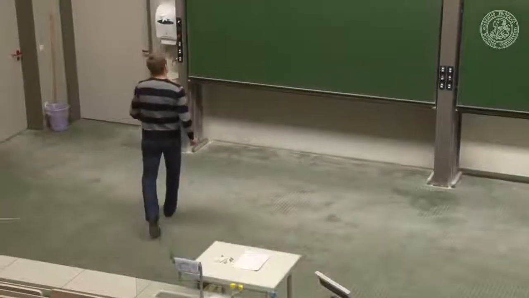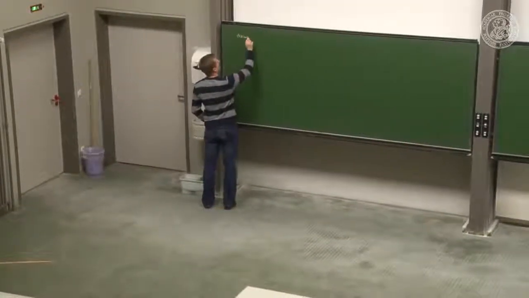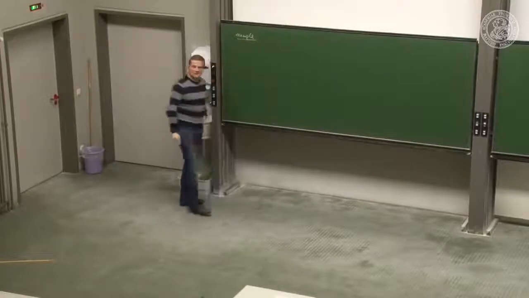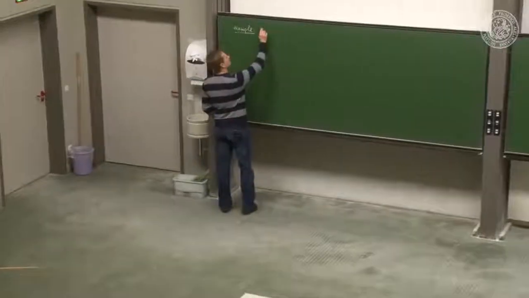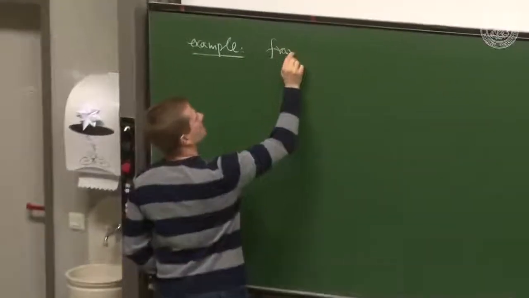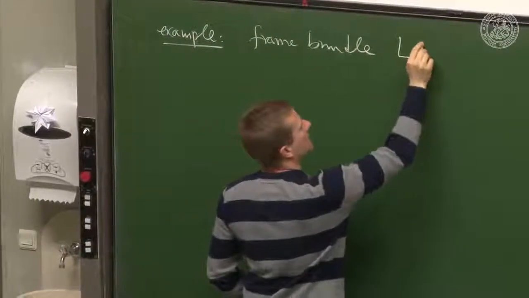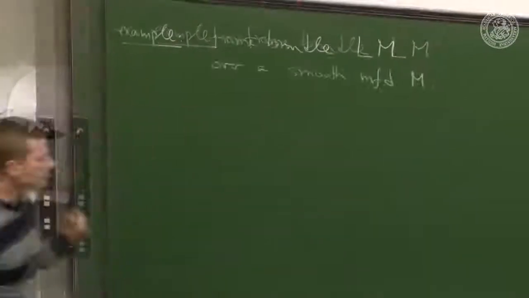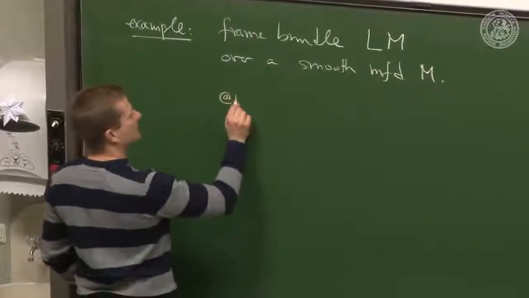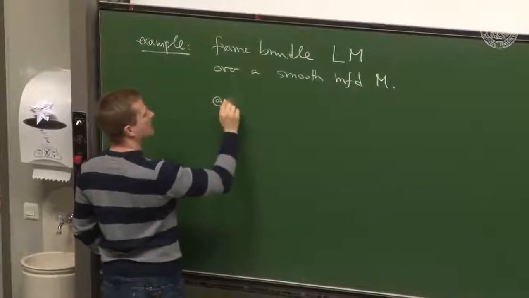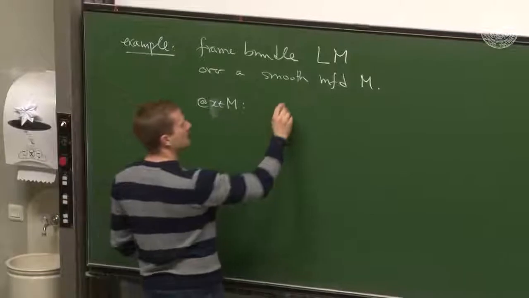So we'll now consider a particular example of a principal G bundle. This example is of the utmost importance in differential geometry, and that's the so-called frame bundle, which goes by the name LM. And this is defined as follows. First, at a particular point x in M, we consider the following set.